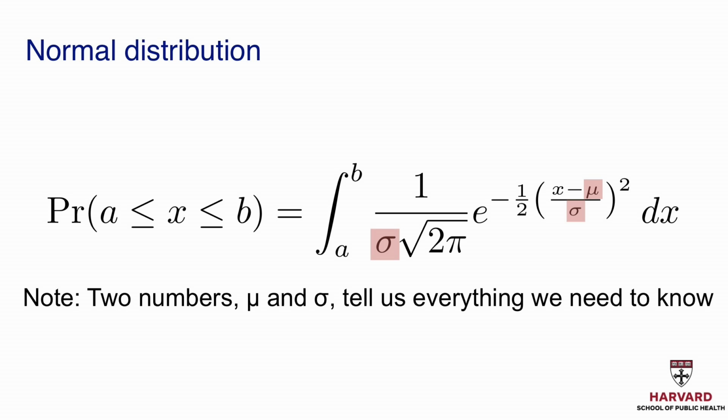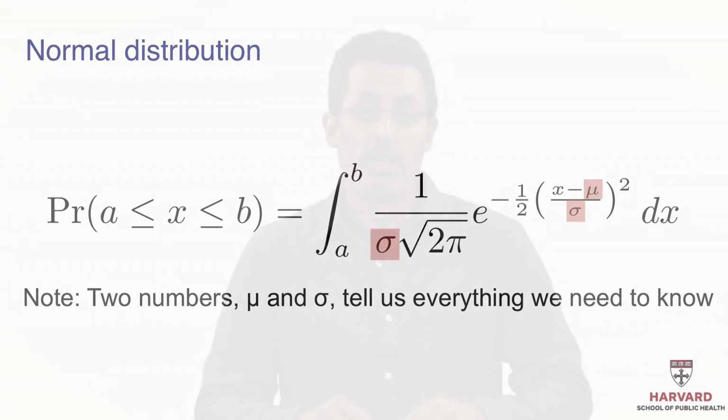So if a list of numbers follows a normal distribution, and we know mu and we know sigma, we know everything there is to know about this distribution. We can answer the question, what's the proportion of x's that are between any a and any b? So if the distribution of your data is approximated by a normal distribution, then you know for any interval what proportion of your data is in that interval.